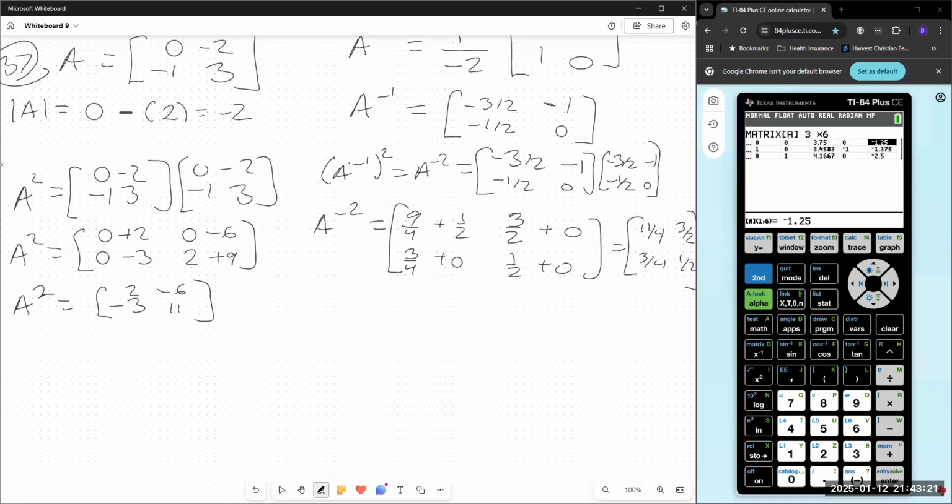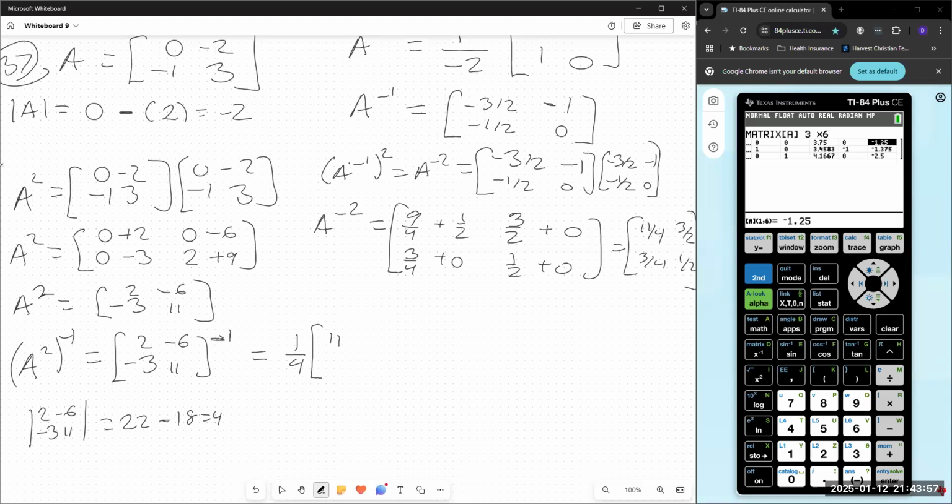All right. Now I can find the inverse of that. And I already know it has an inverse. So, I mean, I can find the determinant of this if I want to, just to be sure. 22 minus 18 is 4. So that's 1/4 times, swap these positions, and then change the signs here.